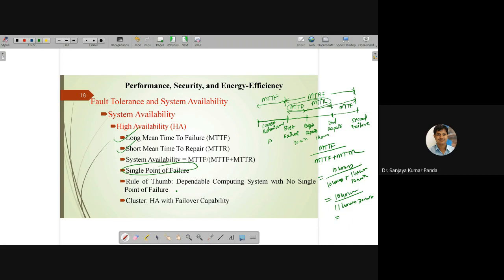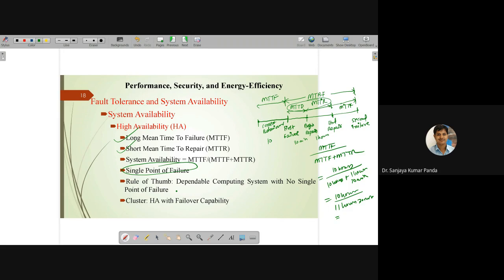If you go for a cluster, like I told you, a 256 node cluster, 100 clusters, it is high availability with failover capability. Failover capability means once you encounter a failure, let's say secondary is treated as primary and primary is treated as secondary. Whenever systems have redundant systems, if a system fails, another system comes into the picture so that it can compensate for the work of that system until the system recovers from the failure.